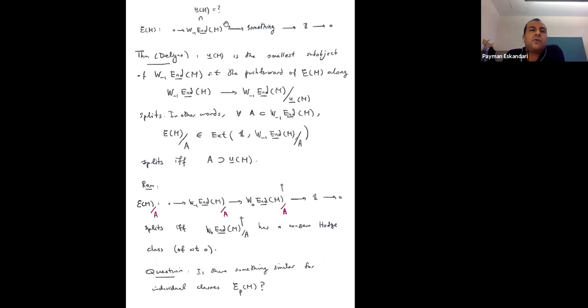And the question is, well, what is U_M? And now there's a theorem of Deligne that says the following: U_M is the smallest sub-object of W_{-1} End M such that the push forward of E(M), the push forward of this extension along the quotient map by U_M, splits. So you have the quotient map from here to W_{-1} End M modded out by U_M, and you're looking at the push forward of this extension along that quotient map.